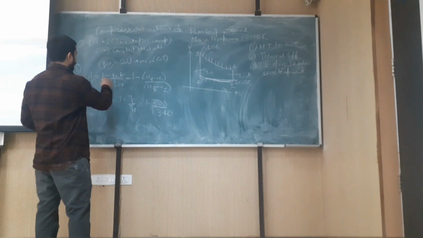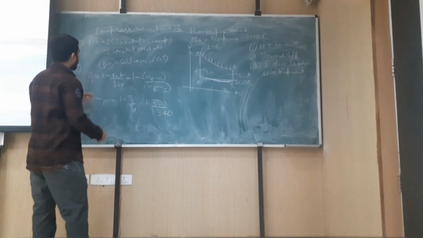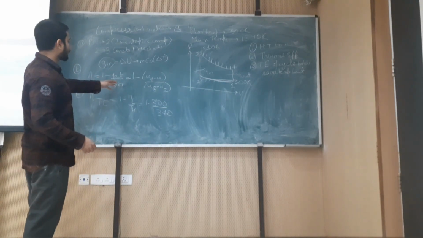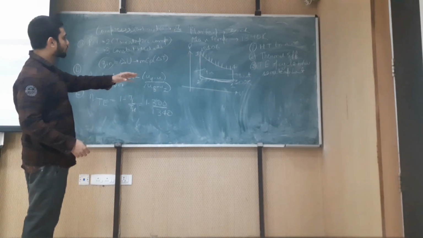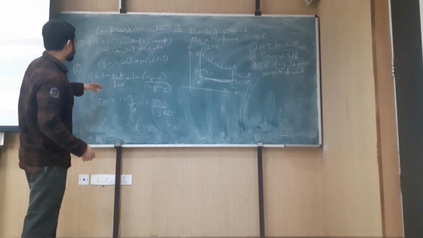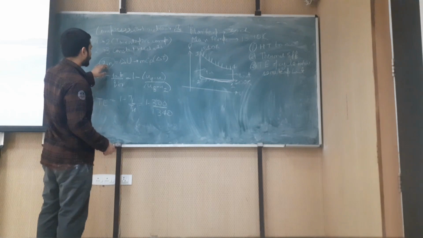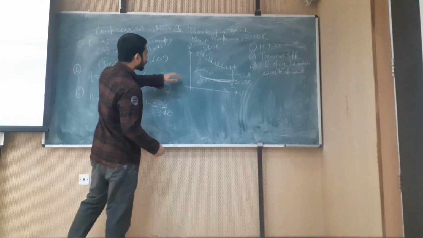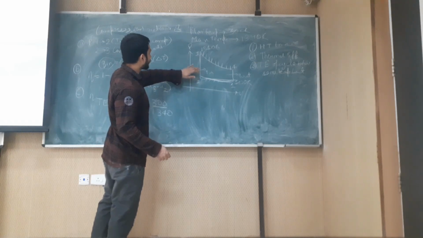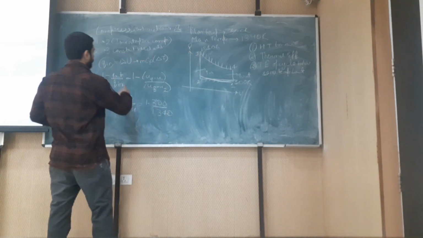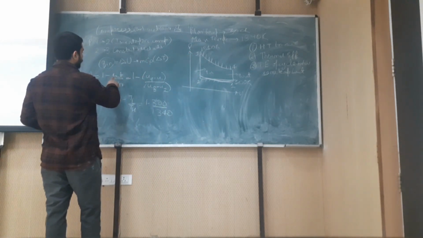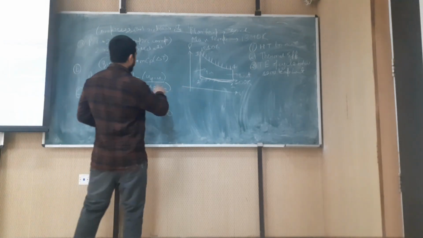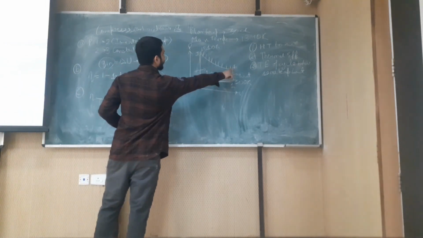Efficiency eta will be 1 minus Q out by Q in. What will be the Q output and what is the Q input? Q in is U3 minus U2, and Q out will be U4 minus U1 in this process.